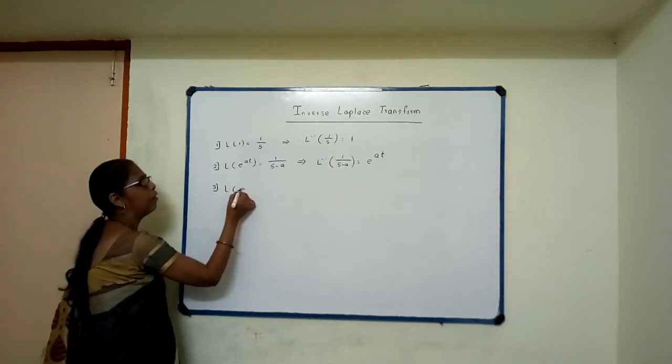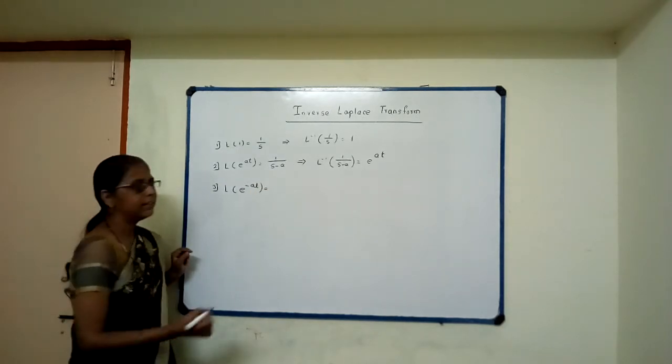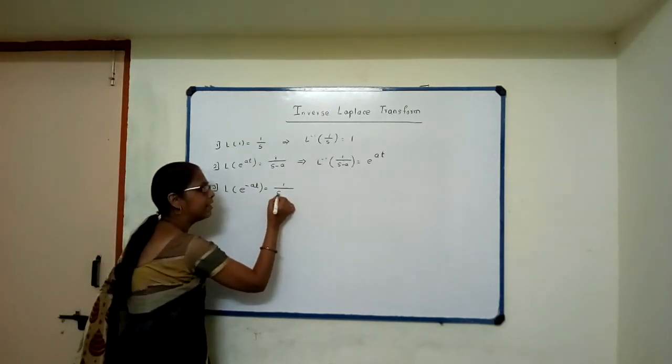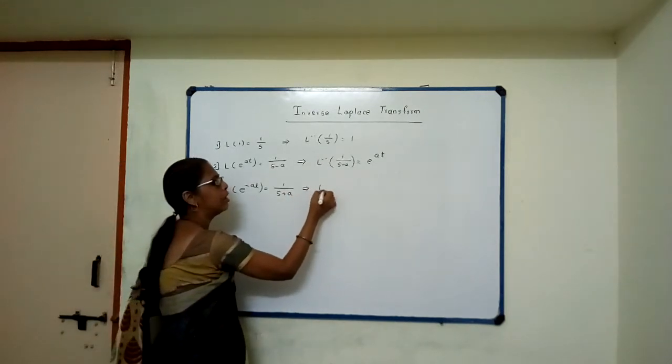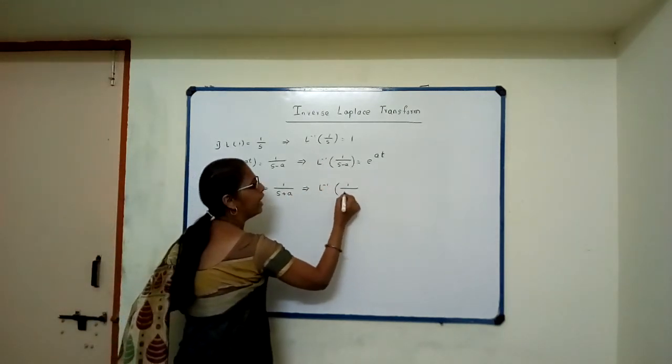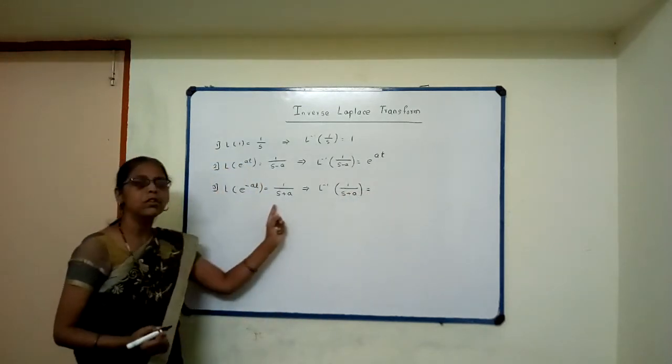Laplace transform of e raised to minus at is equal to, answer is 1 upon s plus a. That implies Laplace inverse of 1 upon s plus a is equal to, take this Laplace to right hand side.